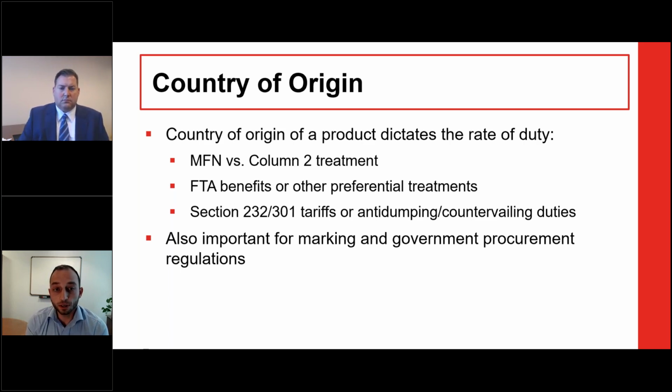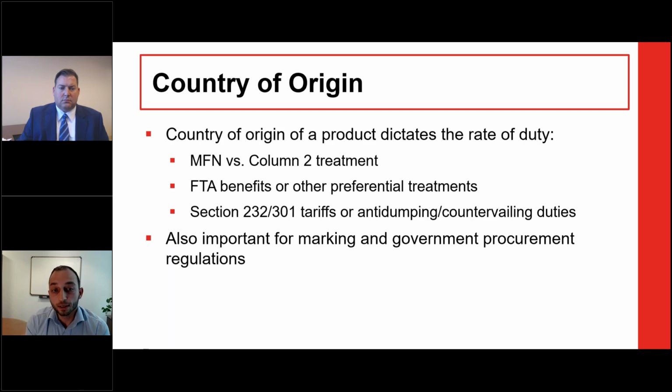For example, if it's a Russian origin, you would need to pay the column 2 rates, which are significantly higher than the MFN rates under the tariff schedule, or the country of origin analysis may be needed to avail of the free trade agreement benefits or other preferential treatments.